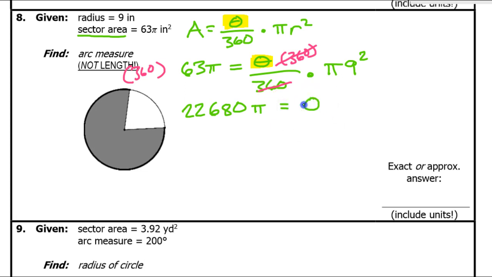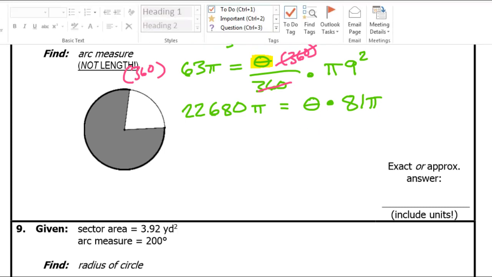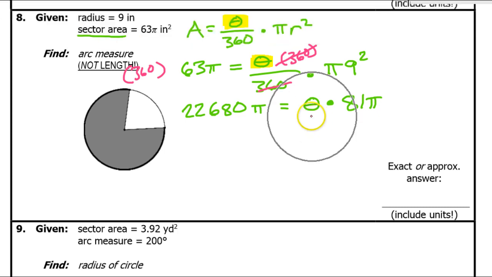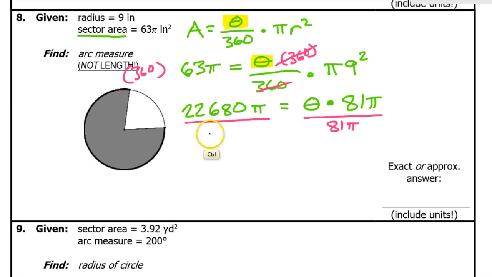All right, and that's equal to theta times 81 pi, since 9 squared is 81. So again, I'm trying to get theta by itself. So at this point, I will divide both sides by 81 pi in order to get theta alone. I'm noticing that these pi's will cancel each other out.